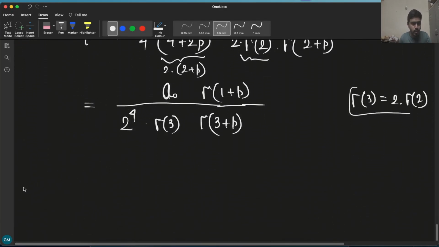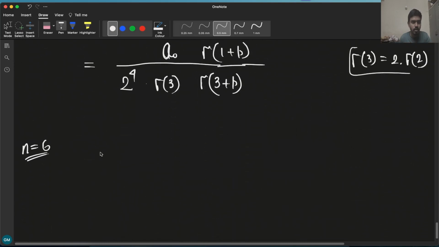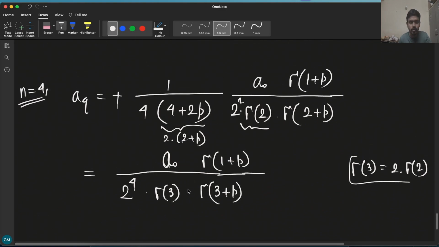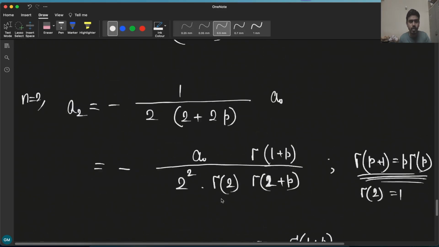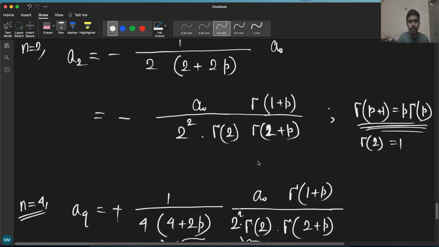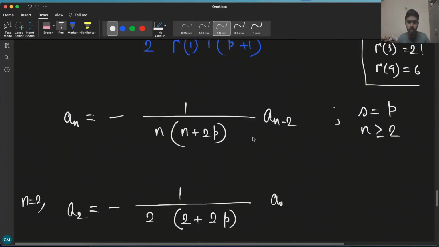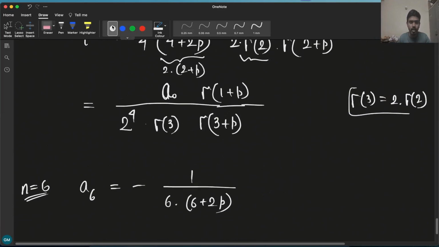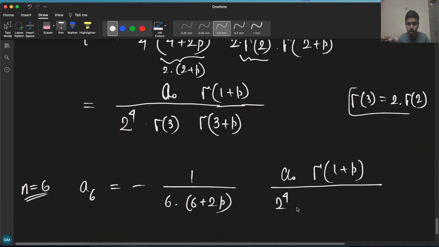Let's calculate a6 also. So let's put n equals 6, then a6 equals minus 1 divided by 6 times 6 plus 2p times a4, and a4 is nothing but a0 times gamma of 1 plus p divided by 2 to the power 4 times gamma 3 times gamma of 3 plus p.